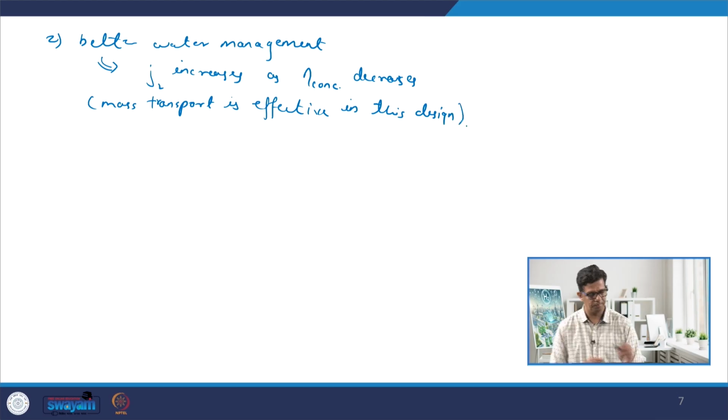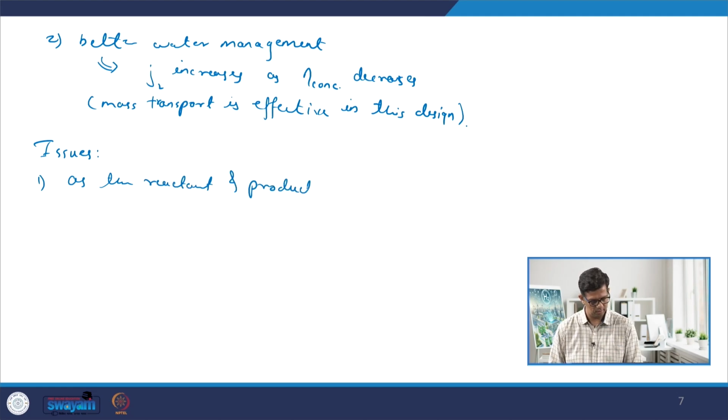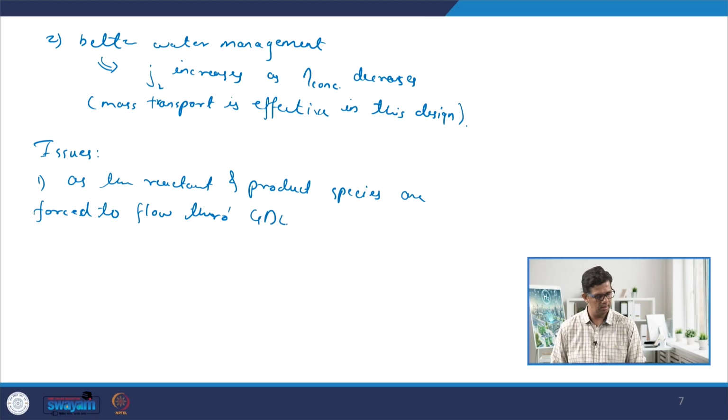So, what are the issues? First one, as we can see, the reactant and product species are forced to flow through the GDL.